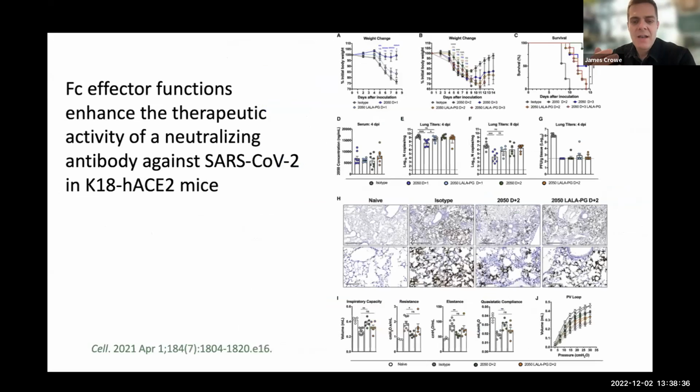So for prophylaxis, it's pretty clear neutralizing activity is fine, and you probably don't even use Fc-mediated activities. Now, in Mike's mouse model, if you transition to therapeutic activity, you infect the mouse, and then you come back and treat using 2050 or a LALA-PG variant. Now you see weight loss with the LALA-PG, but not with the wild type.